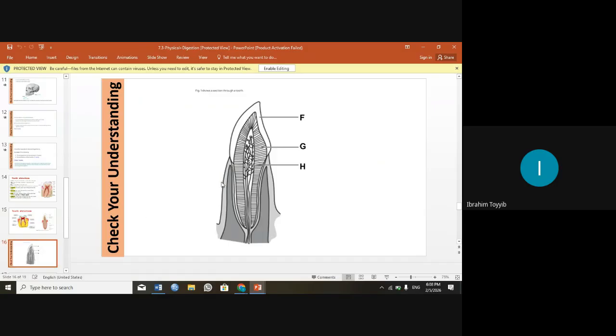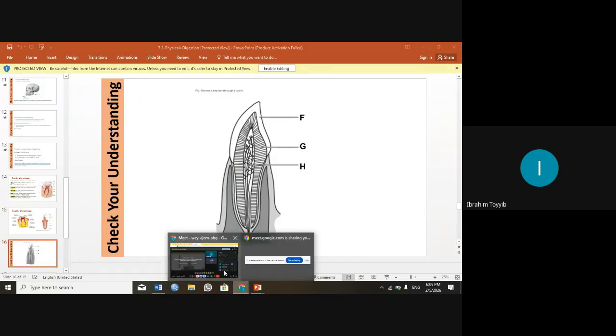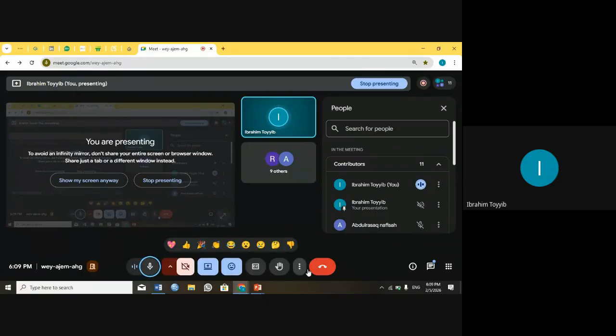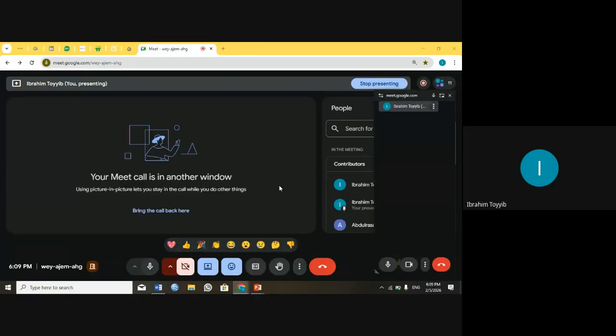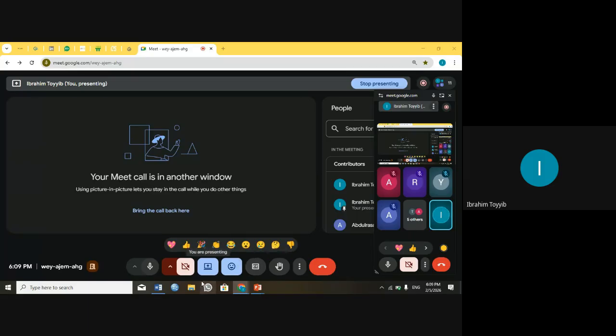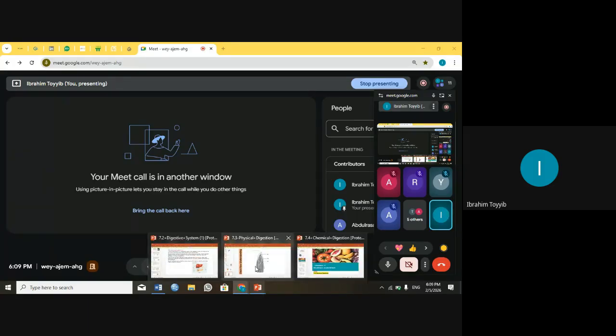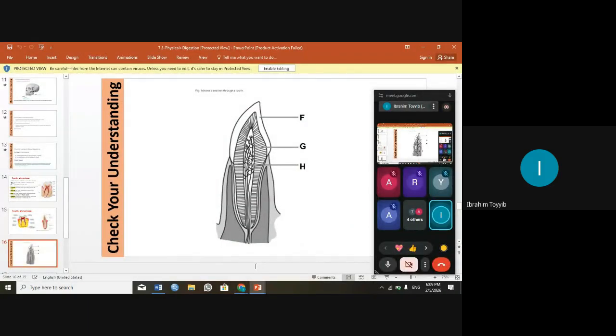So now, question: the part labeled F. Who can tell me the part labeled F? Enamel. Enamel, that's good.